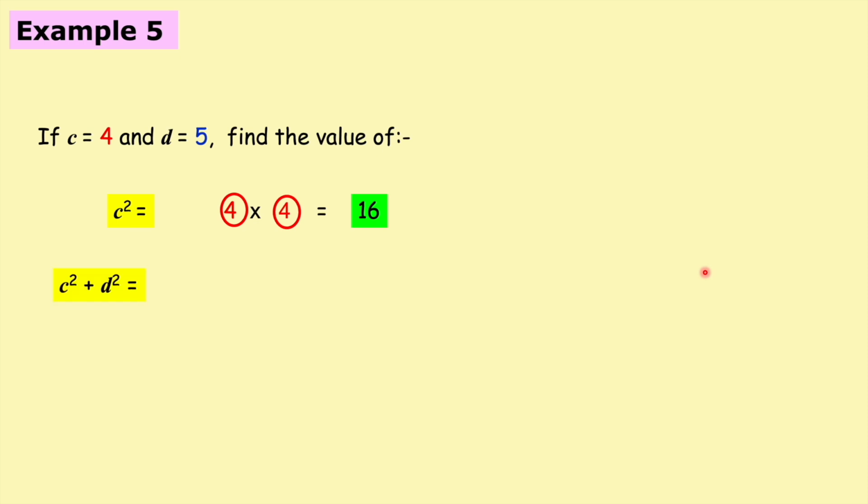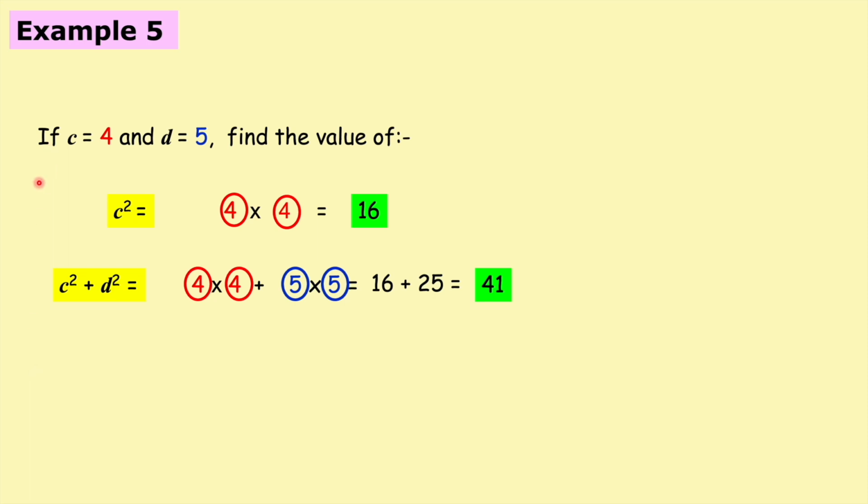If we had to work out c squared add d squared, that means c times c add d times d. So remember, timesing it by itself for a square number. C times c is 4 times 4. D times d is 5 times 5. So that's 16, add 25, give us 41.